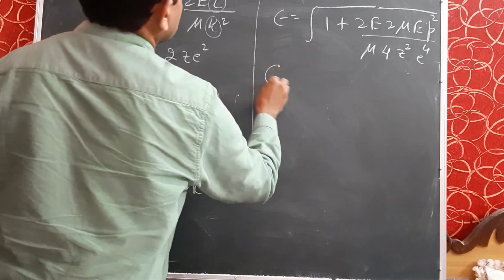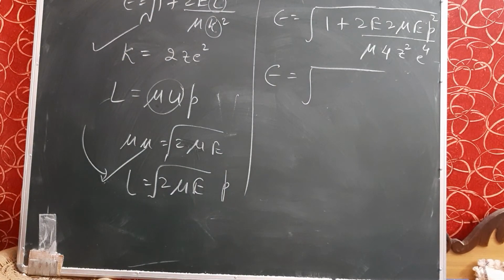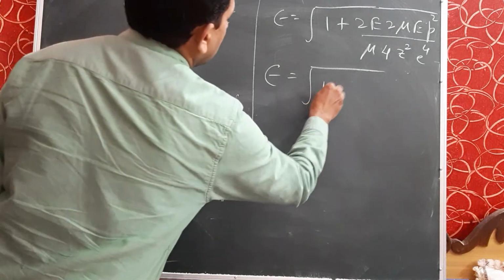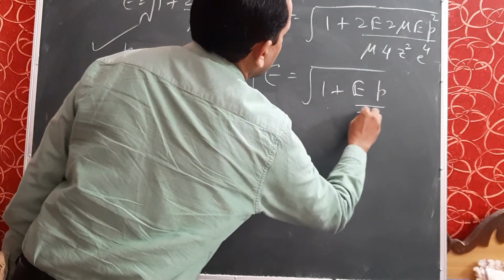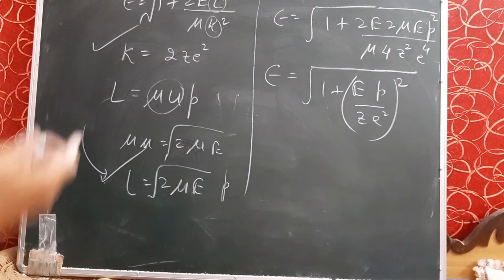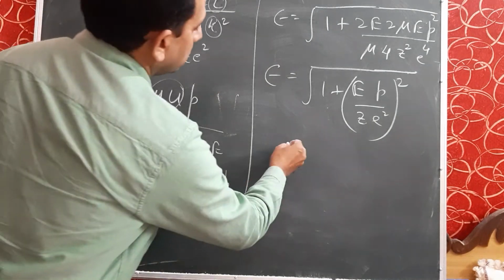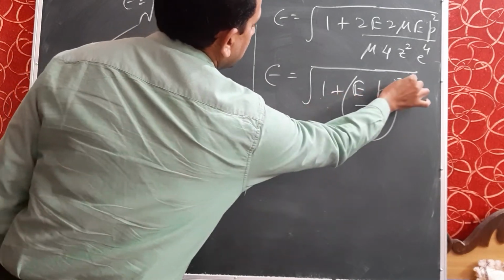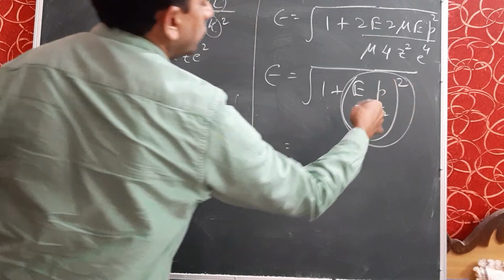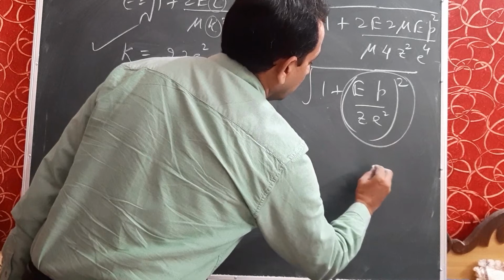On solving, the eccentricity becomes, on cancelling, 2 into 2 becomes 4, and 4 is cancelled with 4, and we get the square root of 1 plus the square of E p upon Z e square. You will find this value on simplification. Now it is clear that it is 1 plus a square of something. The square of any real number is always positive.